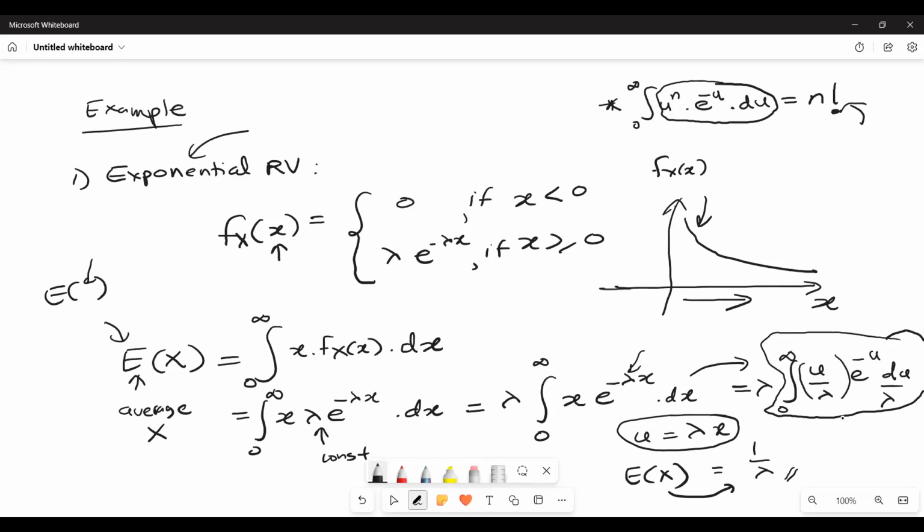Then we will also discuss other parameters related to joint random variables as the next step.